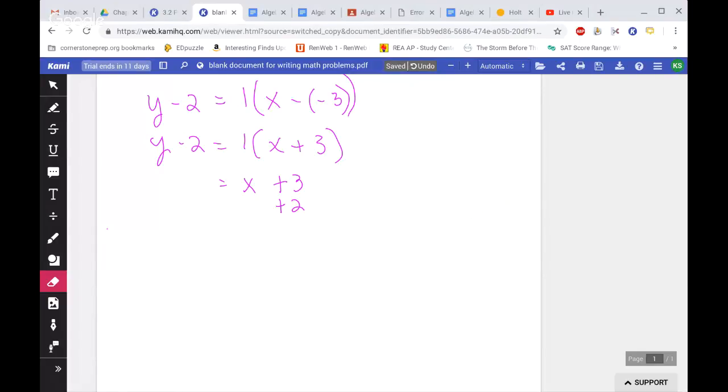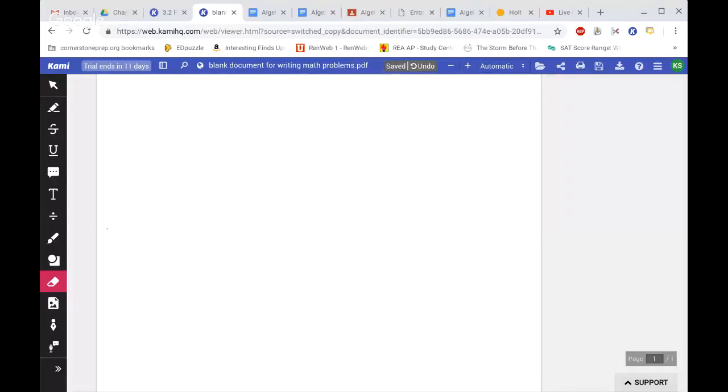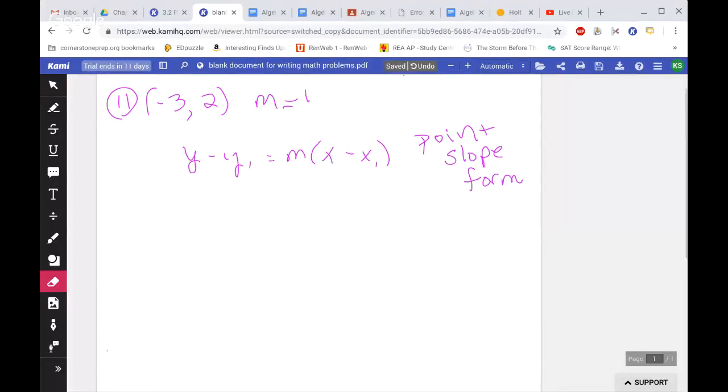So if y'all will just hang tight with me while we work through a few of the problems on yesterday's classwork, to make sure that I'm getting through each type from each section on the classwork, so that you have an example.